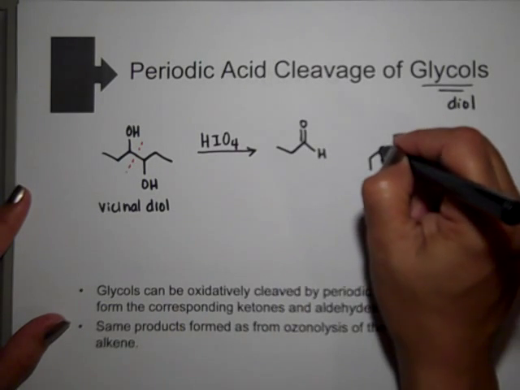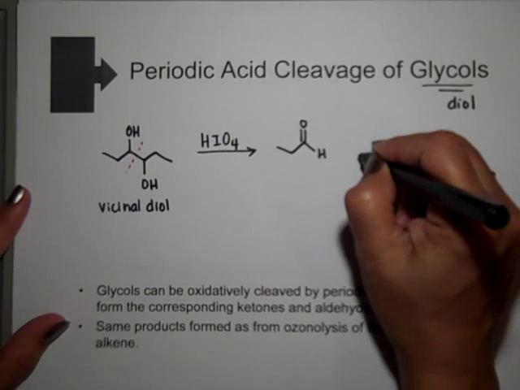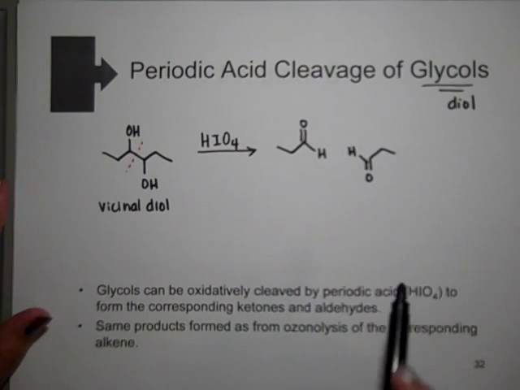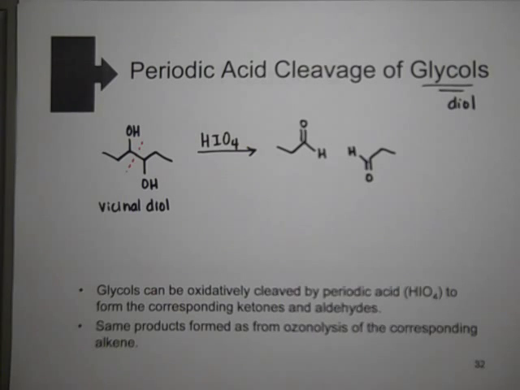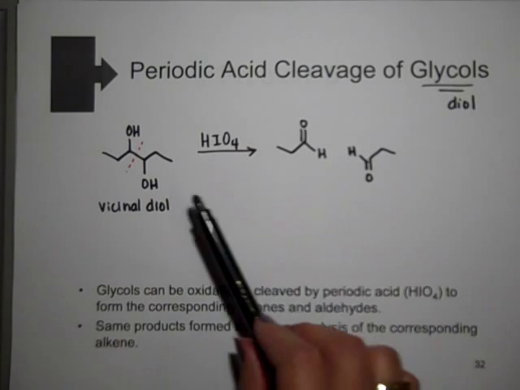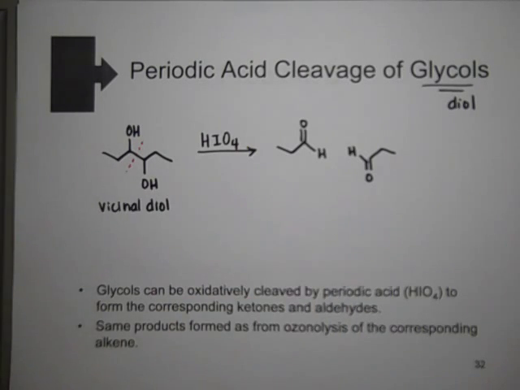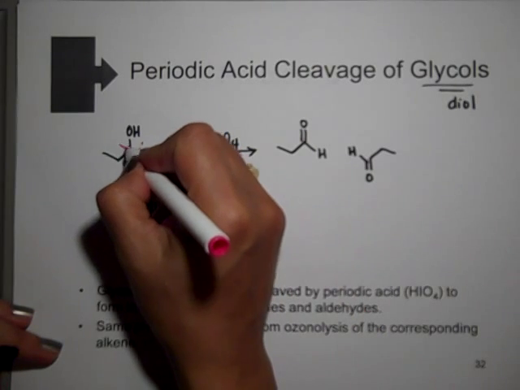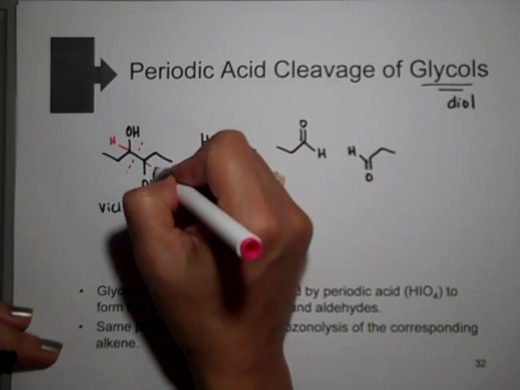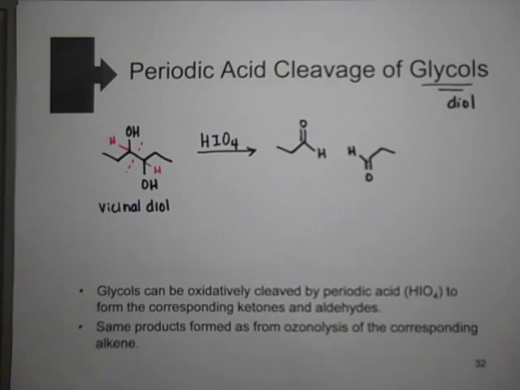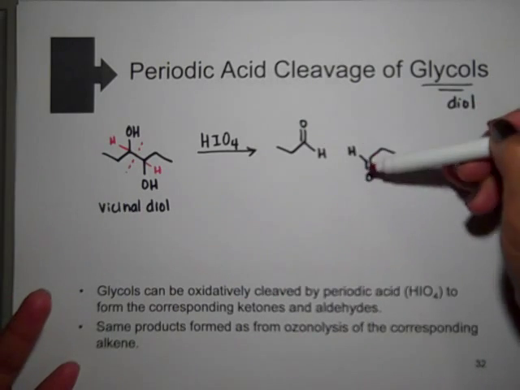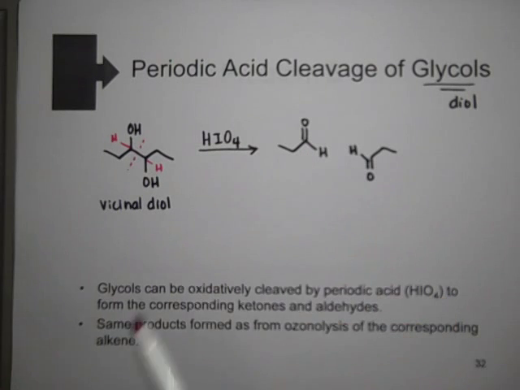And this one, it's still going to be an aldehyde. Because there were hydrogens right here, you break the bond, but you don't do anything else aside from oxidizing to an oxygen. So that hydrogen stays there.